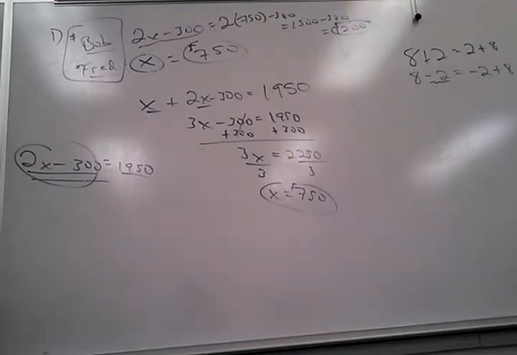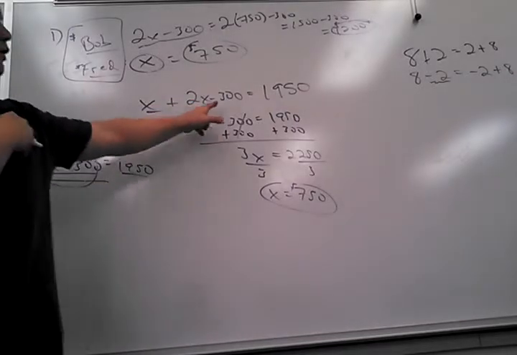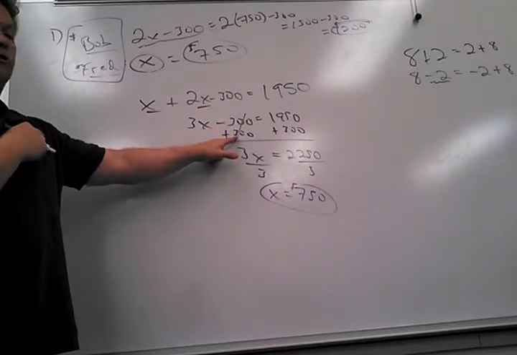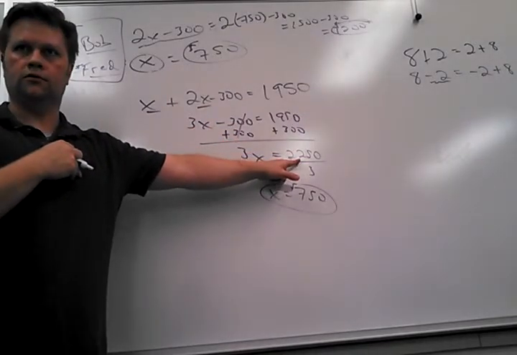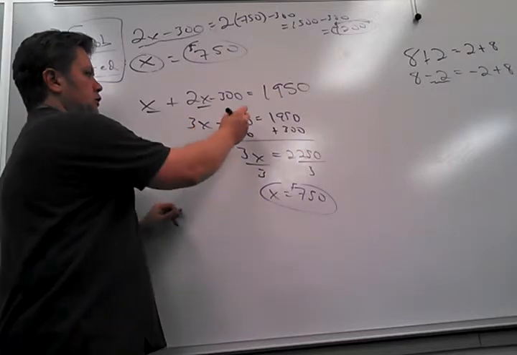1,950 minus 300 because, 1,650. But not minus 300, because to get rid of the 300, you have to add 300. So why adding? Because I need to get rid of the minus 300.